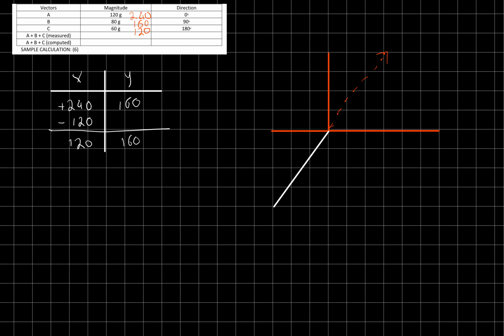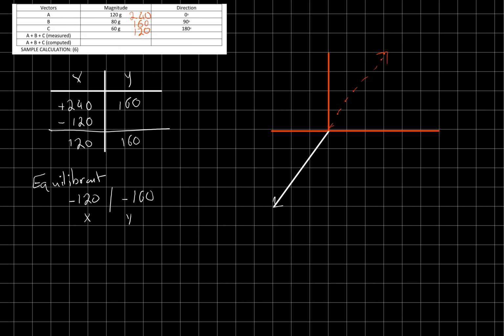But now what are the magnitudes? What are these numbers? The equivalent is opposite to the resultant. So it's negative 120, and that's the x, and the y is going to be negative 160. Very simple.